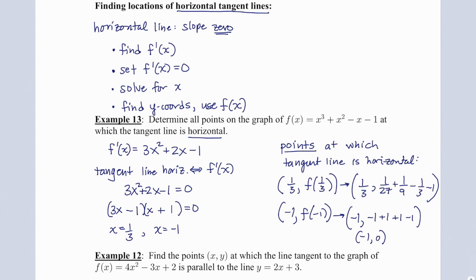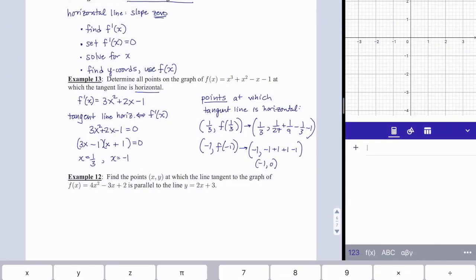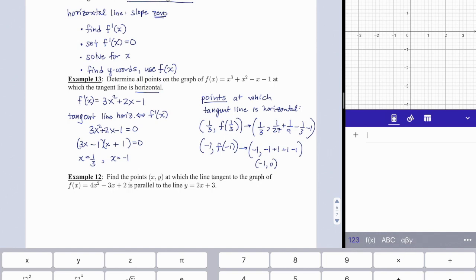Right? Let's take a look at this graph just to see how this is looking. So you grab GeoGebra or your graphing calculator. This function was x cubed plus x squared minus x minus 1, right?